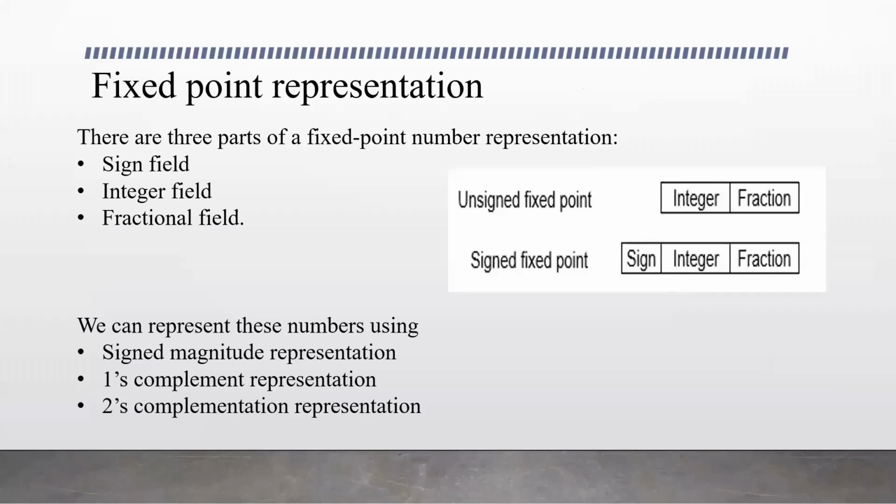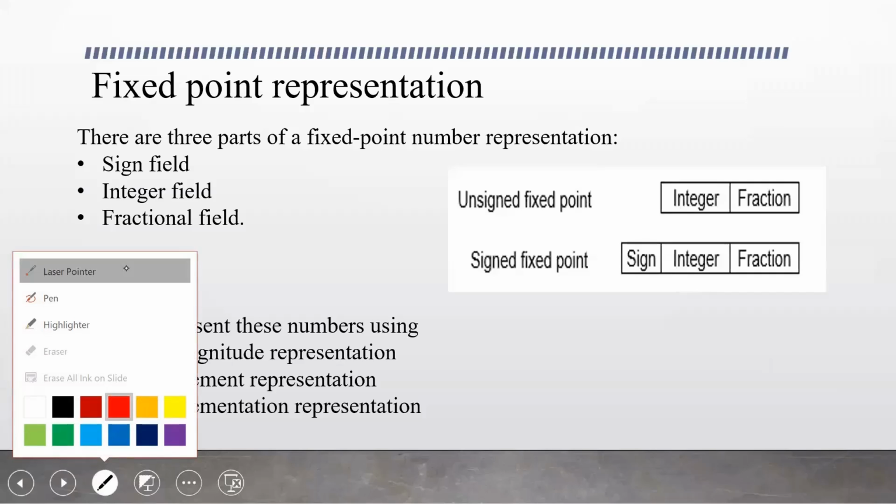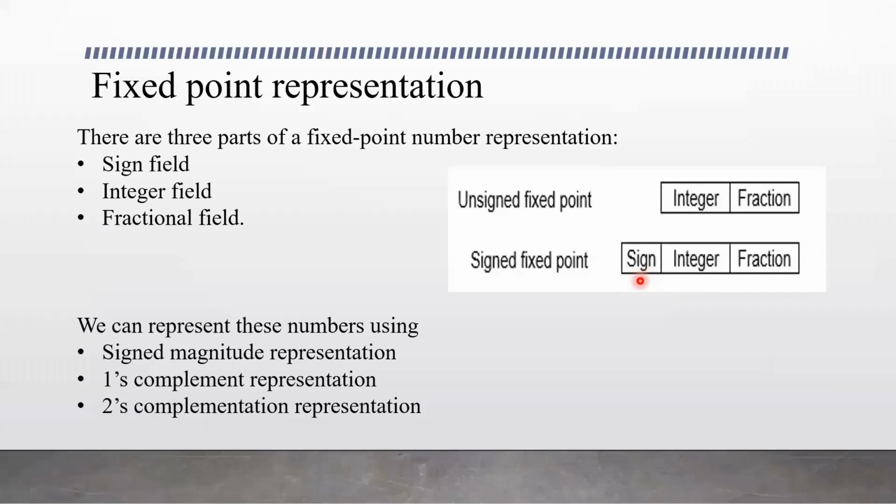To recollect, a fixed point representation has three components: the sign of the number, a 1-bit sign, the integer part of the number, and the fraction part. The nth bit is the sign bit.